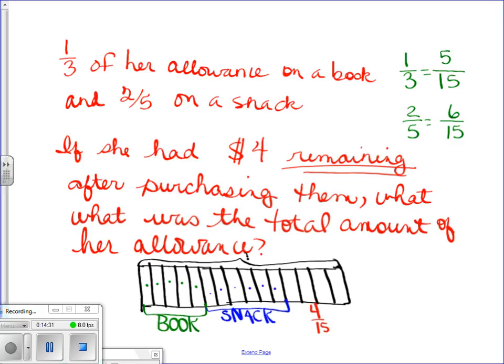So if she has $4 remaining, and this is 1, 2, 3, 4 out of 15, 4 units equals 4, because she has $4 left. 1, 2, 3, 4 units equals 4. 4 equals 4. So each unit equals $1.